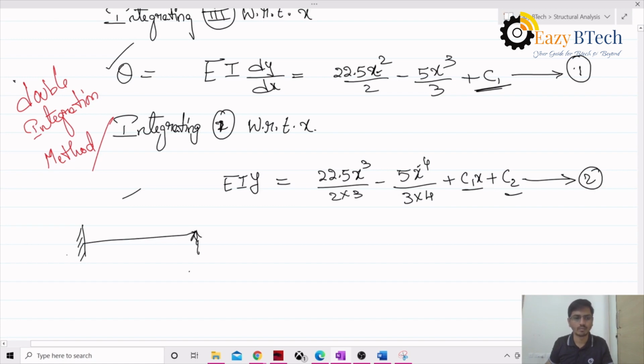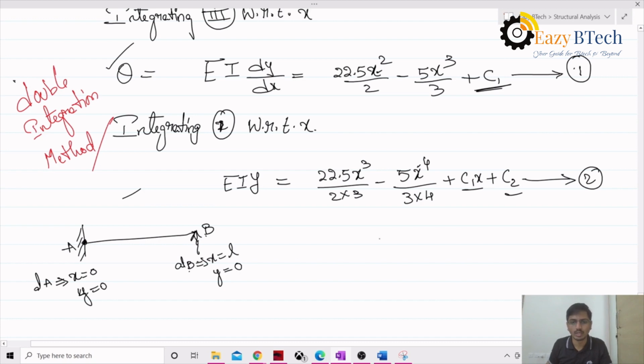This is my A. At x equal to 0, that is at A, what will my deflection be? The support is preventing my vertical movement, which is why we get a reaction, so my deflection is 0. What about point B, that is x equal to L? Point B also prevents deflection, so it is also 0.